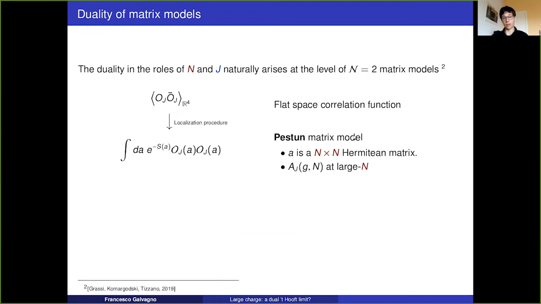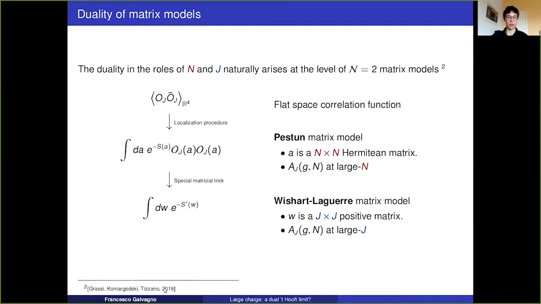This is the so-called Pestun matrix model, where the integration variable a is an N by N Hermitian matrix. And in this setup, using standard matrix model techniques, it is possible to evaluate this observable A_J at large N, number of colors.